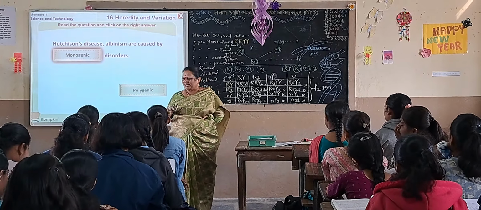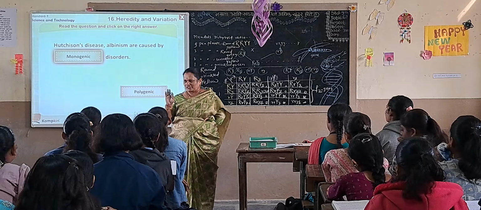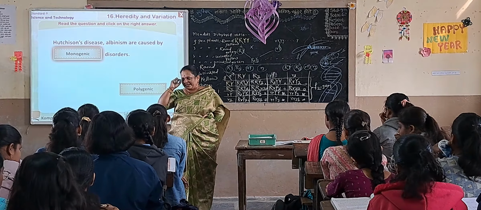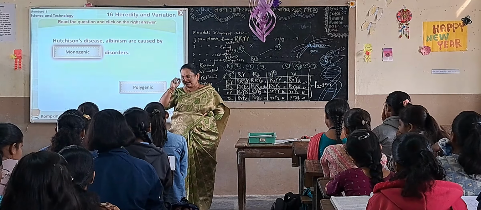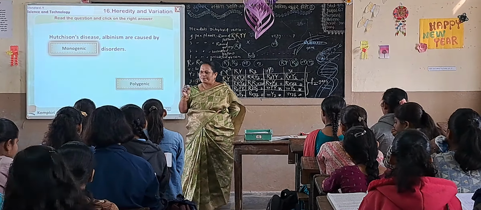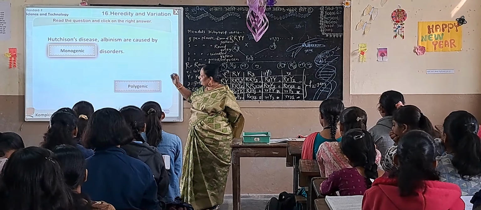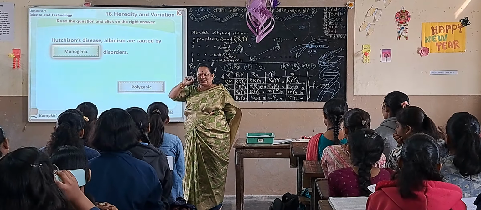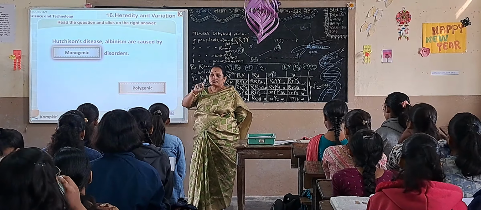Pure white skin. There is no melanin secretion in the skin. No black skin, only white. All hairs are white. Eyelashes are white. Skin is white because of the absence of melanin pigment. And this is due to a monogenic disorder. A single gene is responsible. Therefore, it is monogenic.